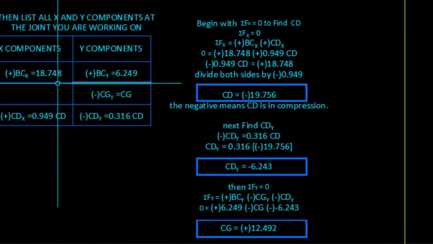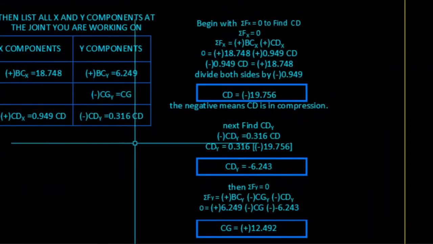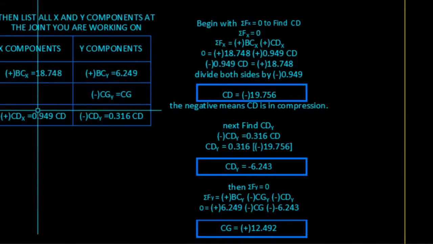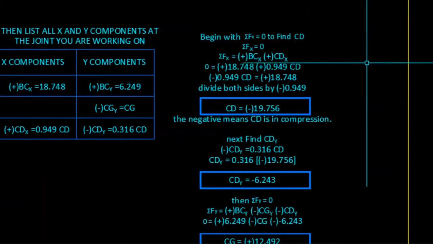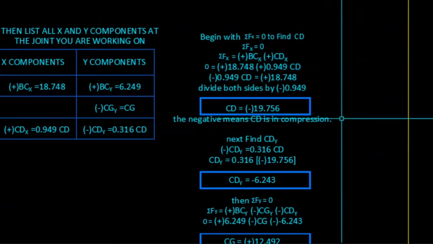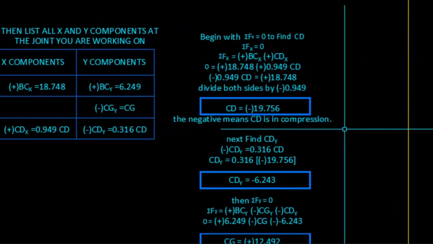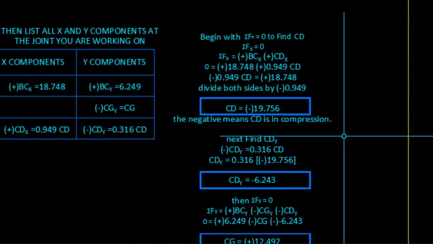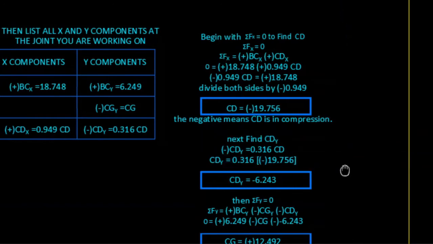In this case, because we have only one unknown in the x direction, we can start with using the sum of forces in the x direction and solving for CD and finding that it is equal to negative 19.756, again meaning that CD is in compression.